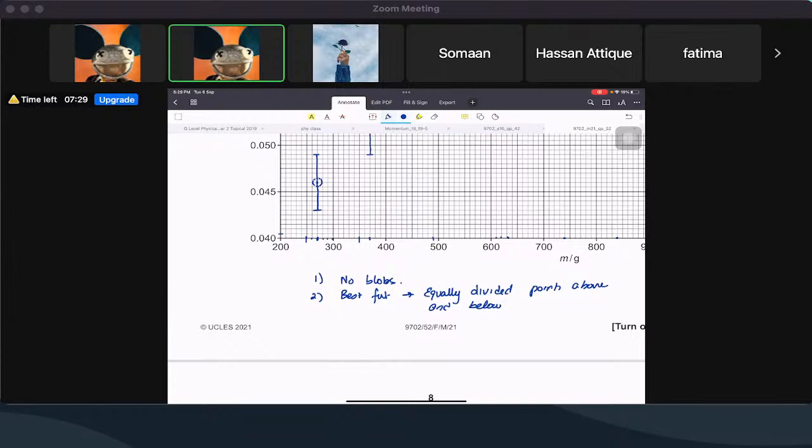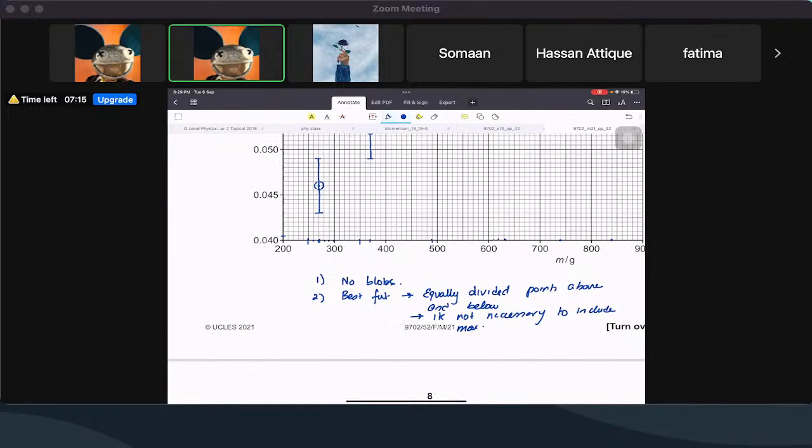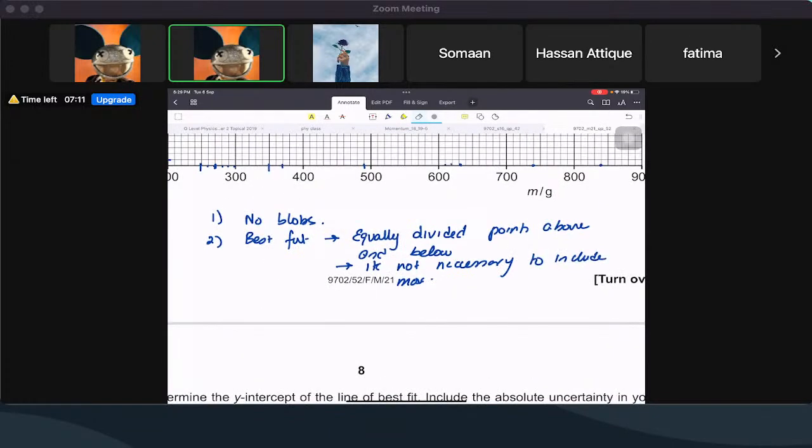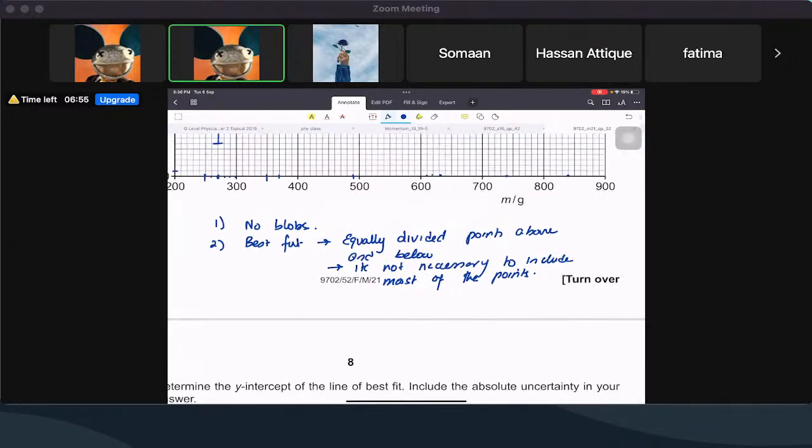And the other thing you should remember is, it's not necessary to include most of the points on the line, which means whether the points come on top of the line, it is not important. That's a wrong concept, that most of the points should come on the line. It's basically the division should be equal.